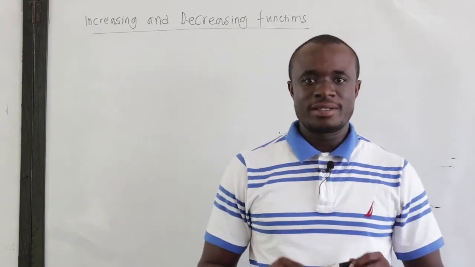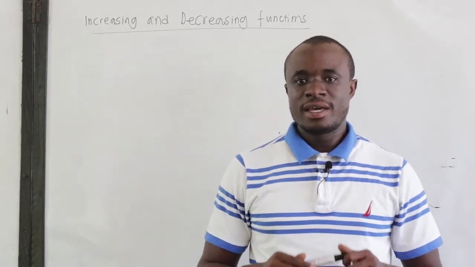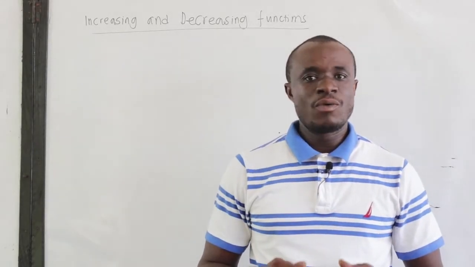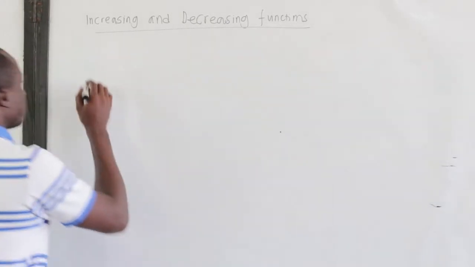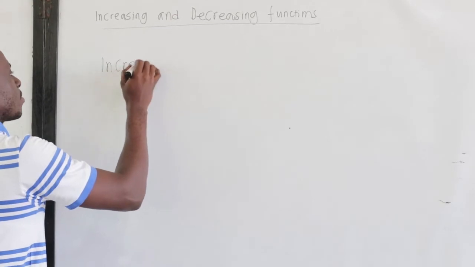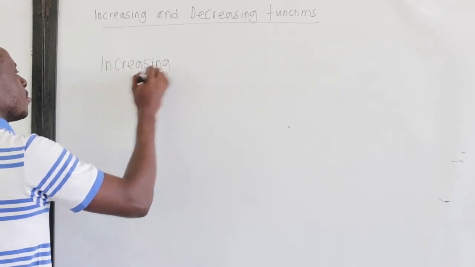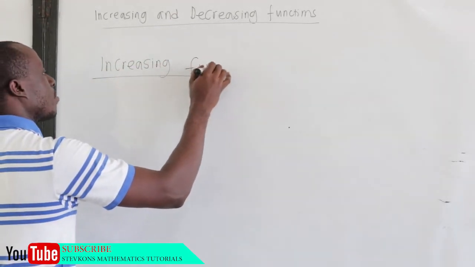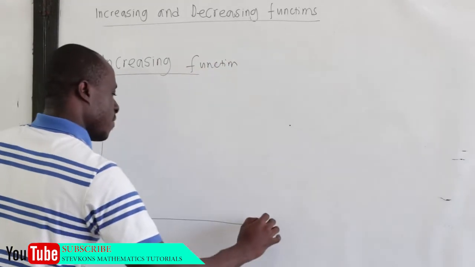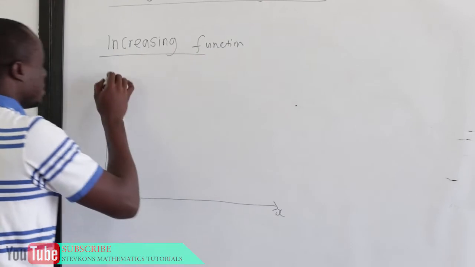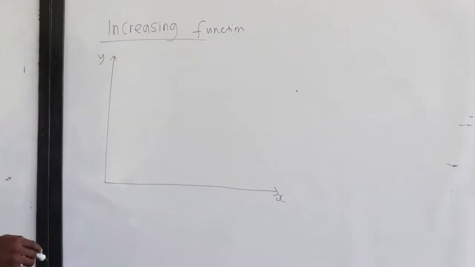So our first lesson is on increasing and decreasing functions. Now, when do we say a function is increasing? Now let's consider a curve. This is our x-axis, and then this is our y-axis.